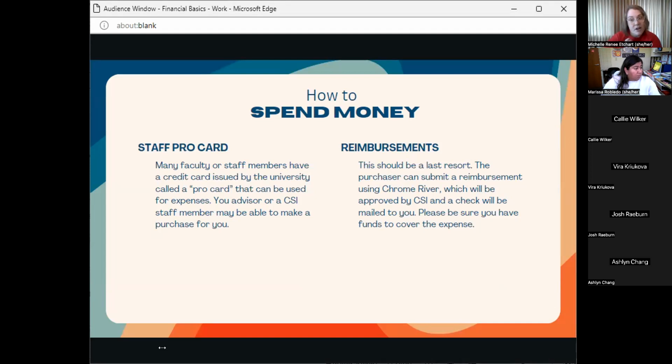So the next best option is, I should say many, not most, faculty and staff members have what we call a pro card. It's a credit card that the university pays the bill for, and it's attached to the activity strings that we have responsibility for.